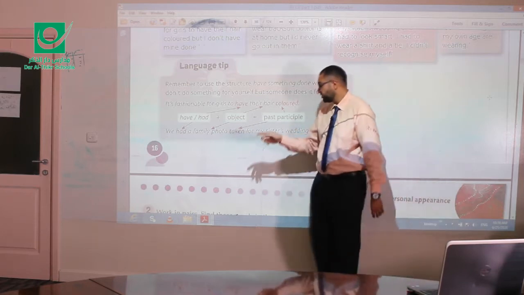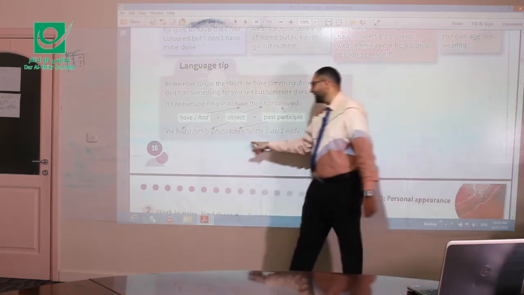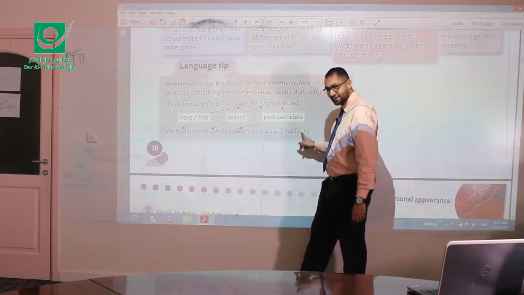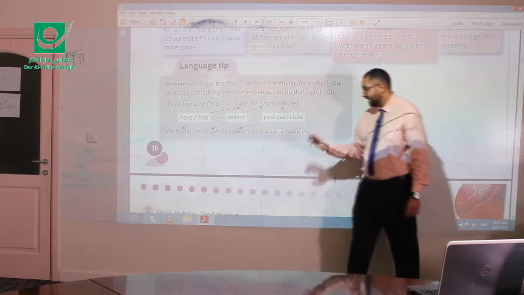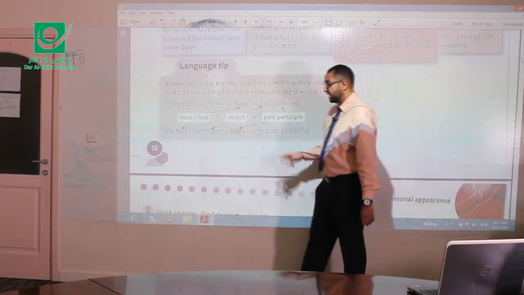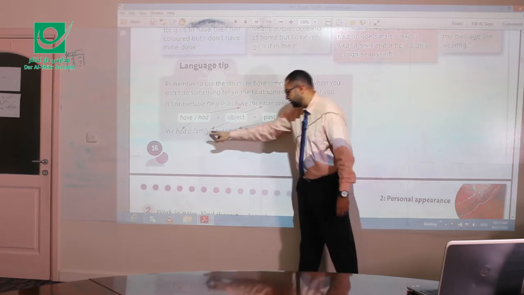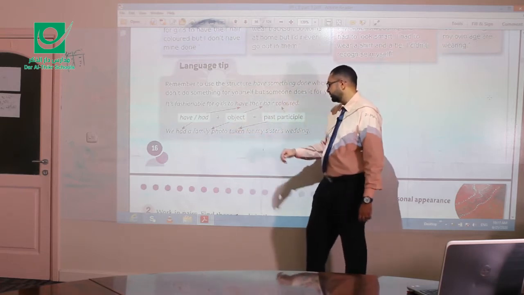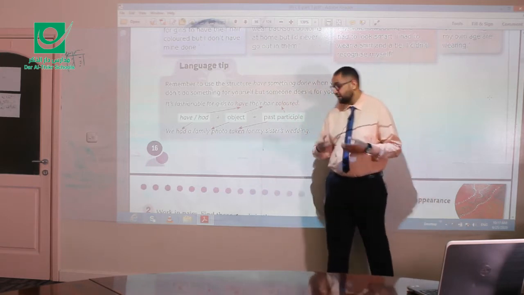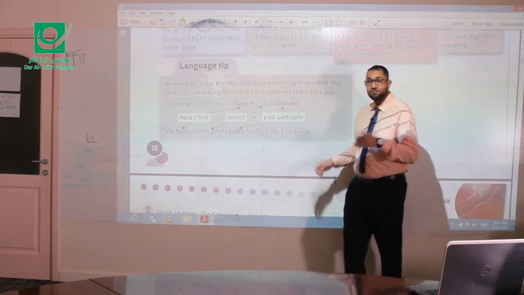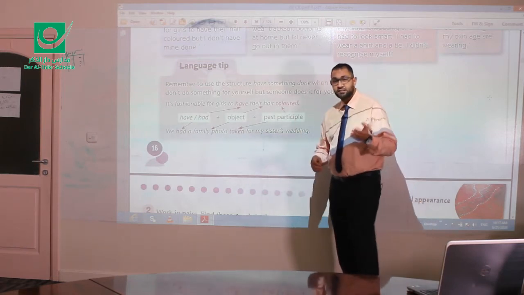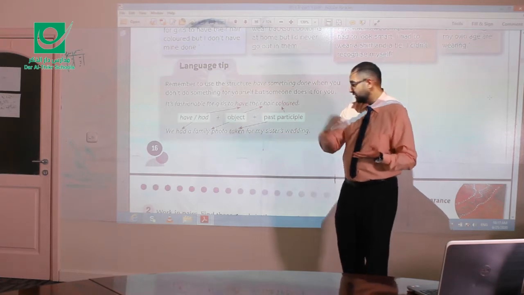If you look at your books, we had a family photo taken for my sister's wedding. So we have this kind of structure, have or had, and afterwards the object itself, which is a family photo, and then the past participle taken, which refers to what? It refers that something is being done for you by someone else.